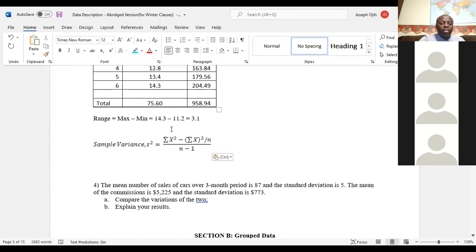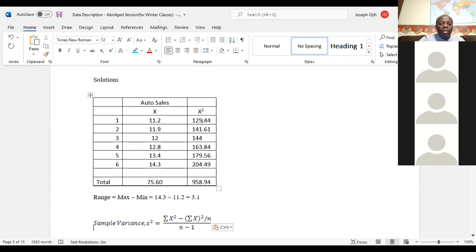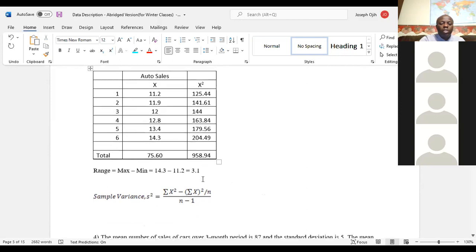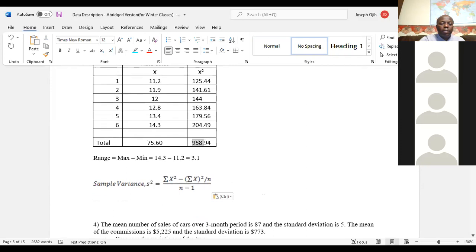This is our x squared right there, and this is our sum right there. So this one represents our sum of x squared, and this one represents the sum of x. Then n is represented by 6. There are 6 of them.